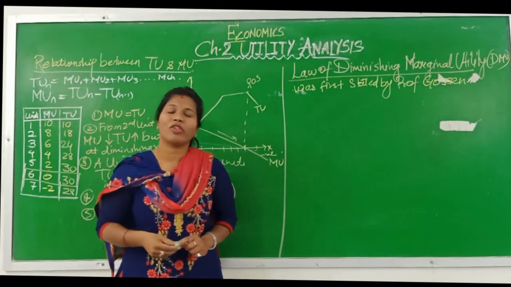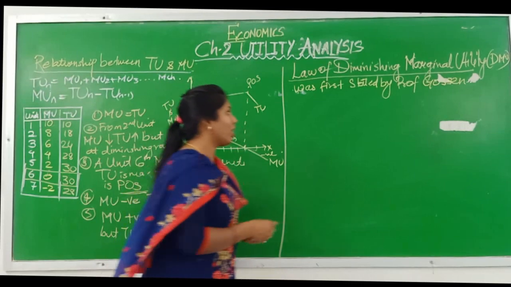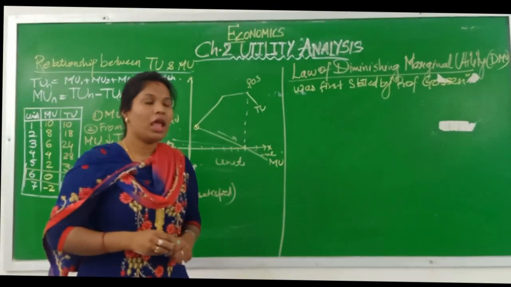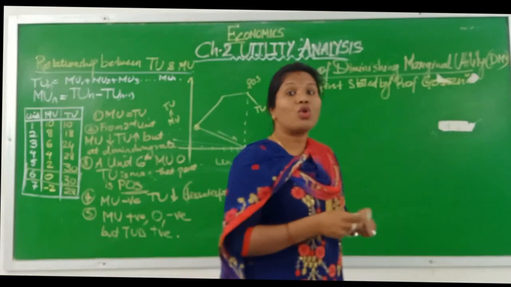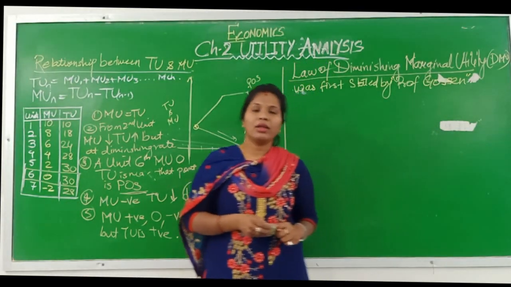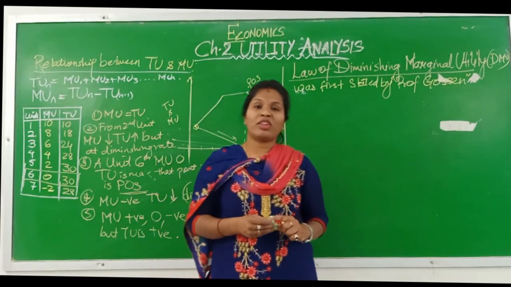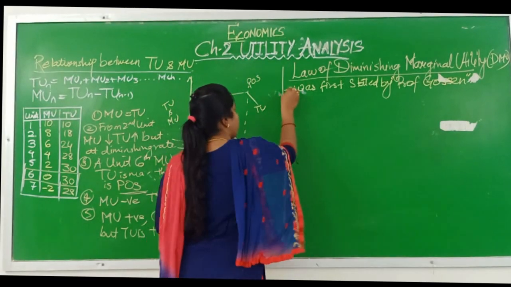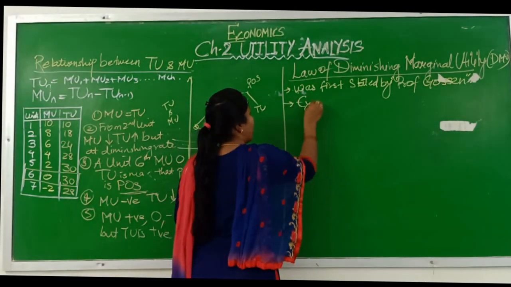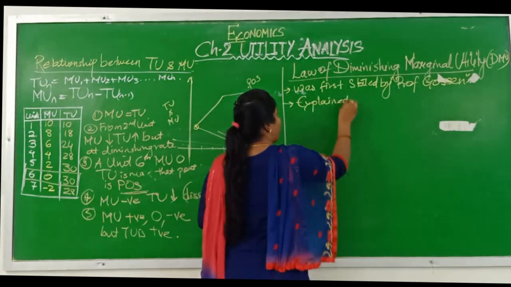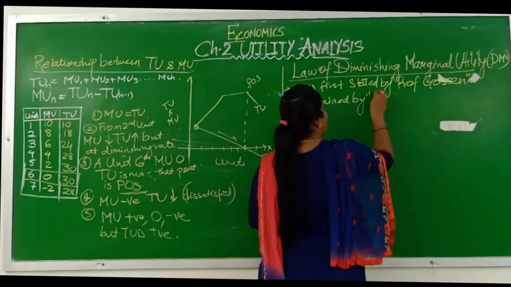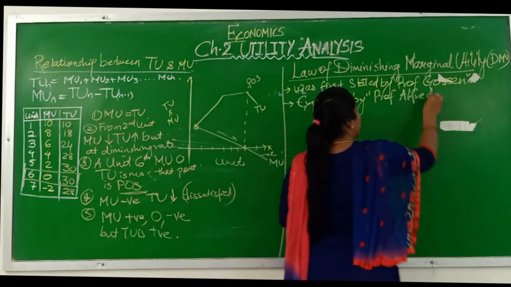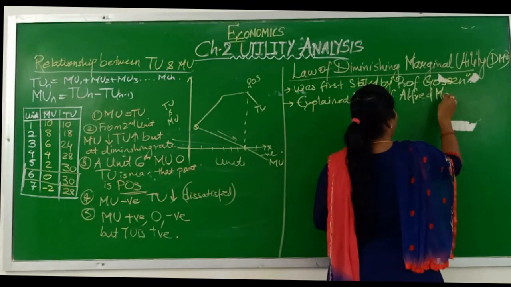Therefore, it is said to be Gossin's first law also. Once again, this law was first stated by Professor Gossin, and it is also said to be Gossin's first law. But afterwards, it was explained by Professor Alfred Marshall.